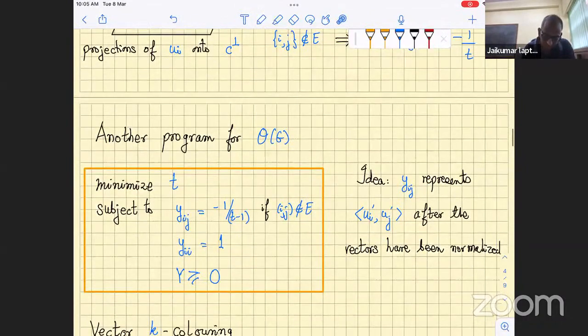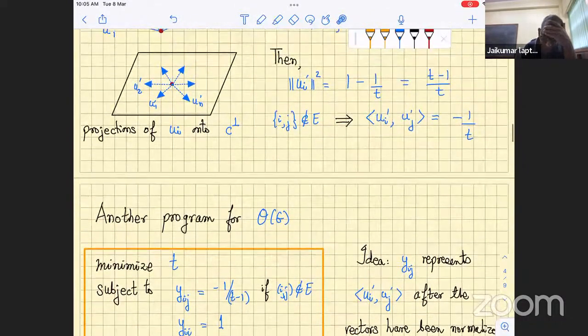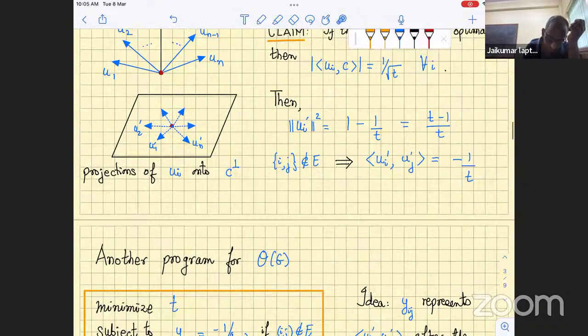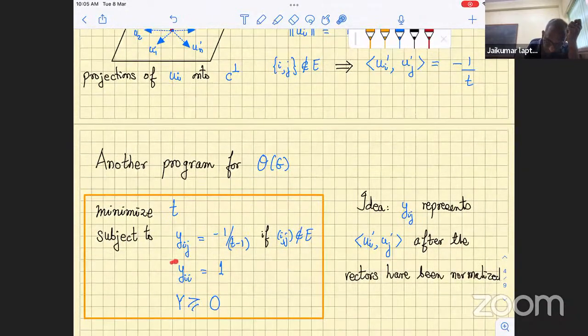So now let us normalize these UI primes. So we knew that their length was this quantity, square root of t minus 1 by t. So we normalize them. That means we divide them by this quantity, so that the dot product of everybody with itself is 1.